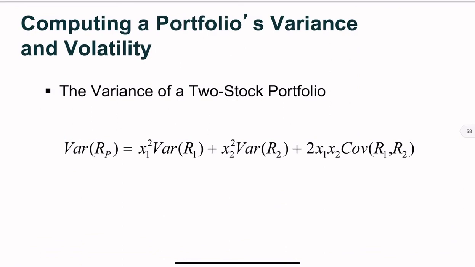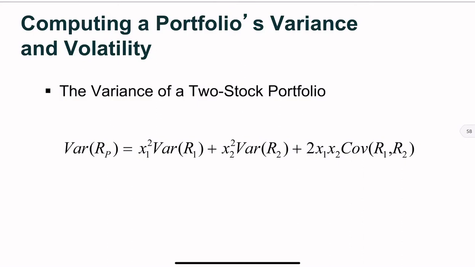After talking about covariance and correlation, we can finally talk about the variance of a portfolio. Again, we will just focus on a two-stock portfolio. This formula tells you how to calculate the variance of a two-stock portfolio. Let's say we have stock 1 and stock 2, with portfolio weights X1 and X2.